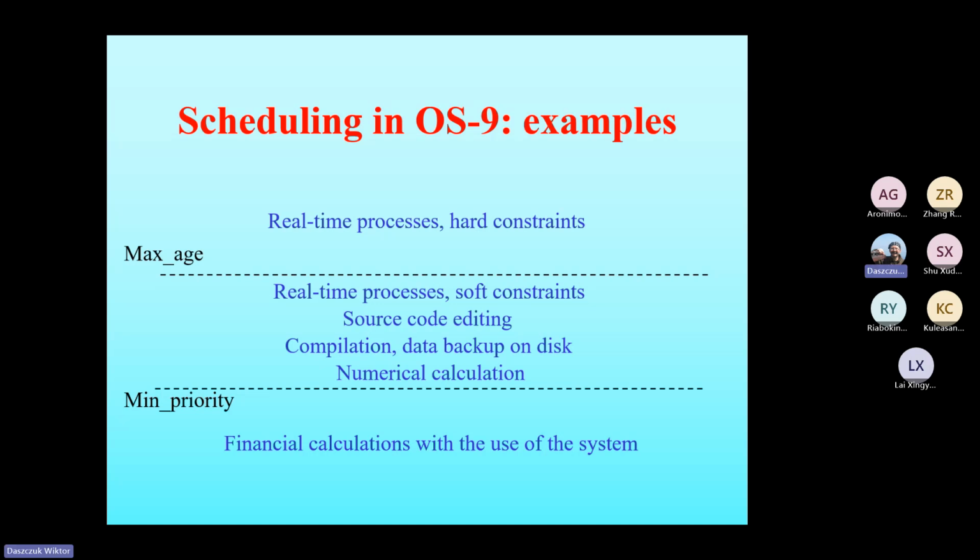Why do I put data backup? Data backup is generally a background process. Why is it so high in the hierarchy, in my opinion? Because this program reads, writes, and reads, and writes, and almost always this program waits for finishing the input-output operation.